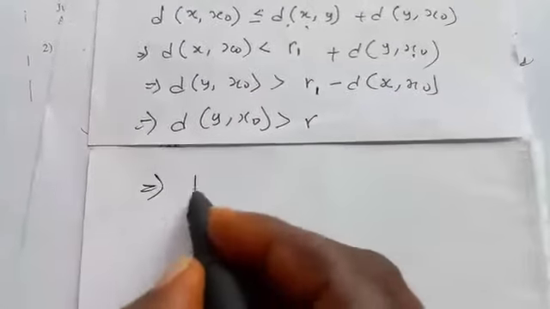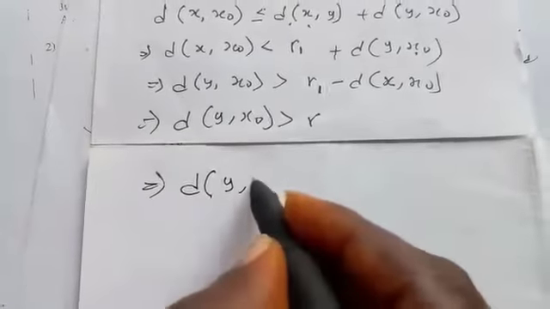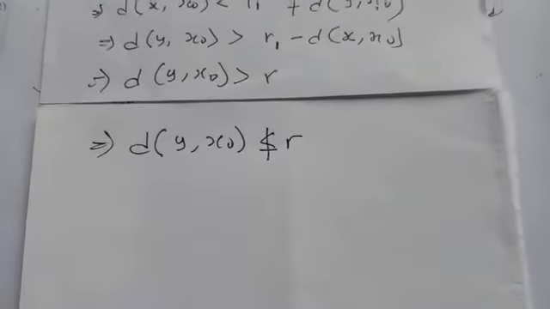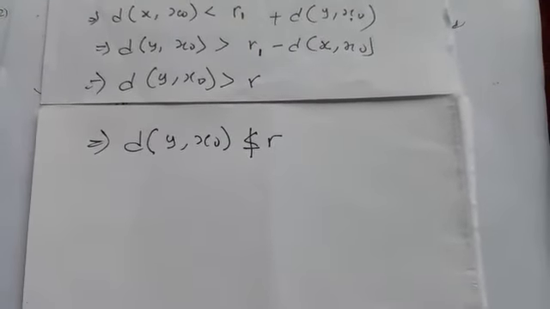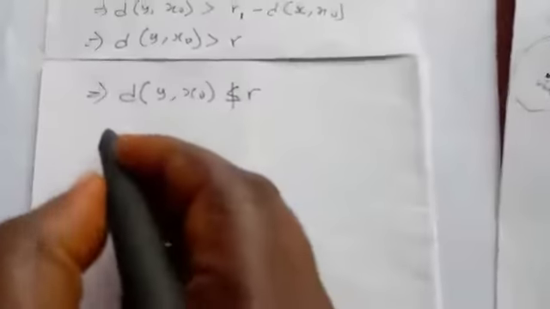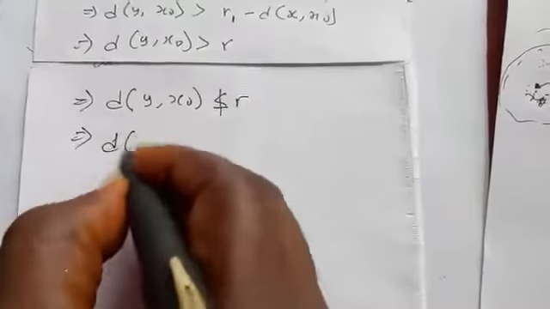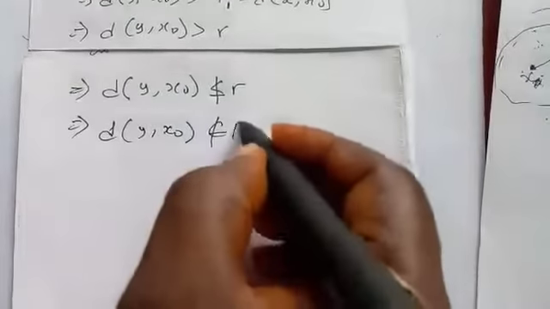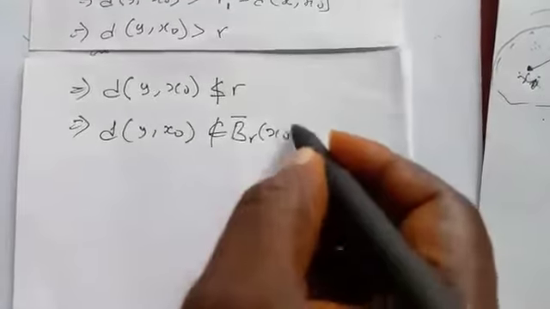And whenever we have this, it simply shows that d of y comma s naught is not less than or equal to r, just like what we did the other time. That is, d of y comma s naught does not belong to the closed ball.